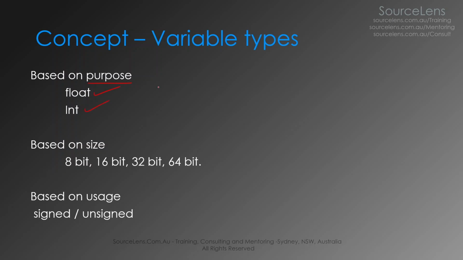For example, float is normally used to store decimals, 1.25, values like this. Int is used for integers, like 1, 2, 3, etc. So why can't we use integer for floats?